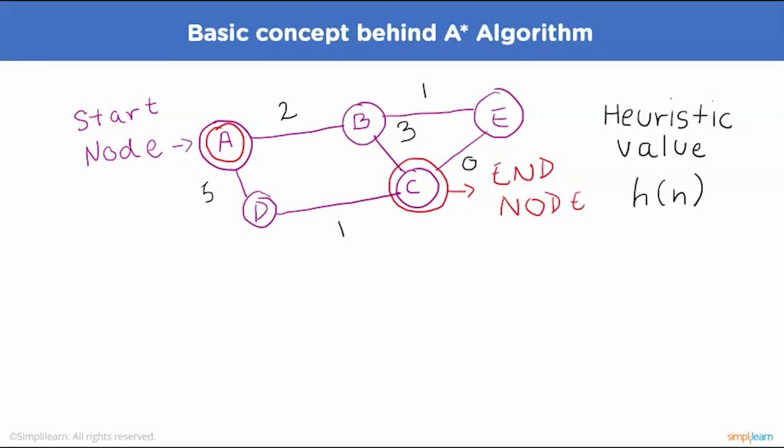So now let's assign heuristic values to our graph and understand how exactly it changes how we traverse this graph, right? So let's say our initial start node A has a heuristic value of 1 and our node B has a heuristic value of, say, 3. Our node E, which is out of the way and which we don't really want to traverse much on, we can assign a very high heuristic value to it to ensure that it's not a path which is regularly taken.